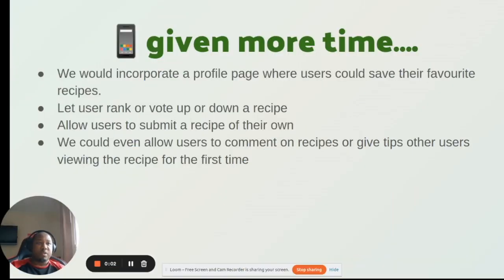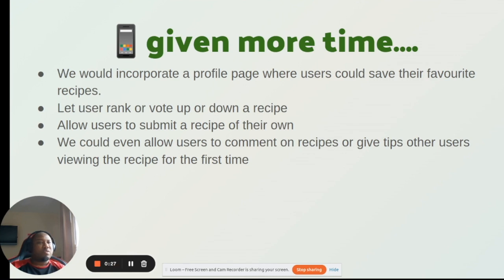Our main aim for this project was to reach a minimum viable product, an MVP, which is what we strive to achieve. If given more time, we would look to incorporate a profile page where users could save their favorite recipes, and maybe even let users rank recipes or vote them up or down.